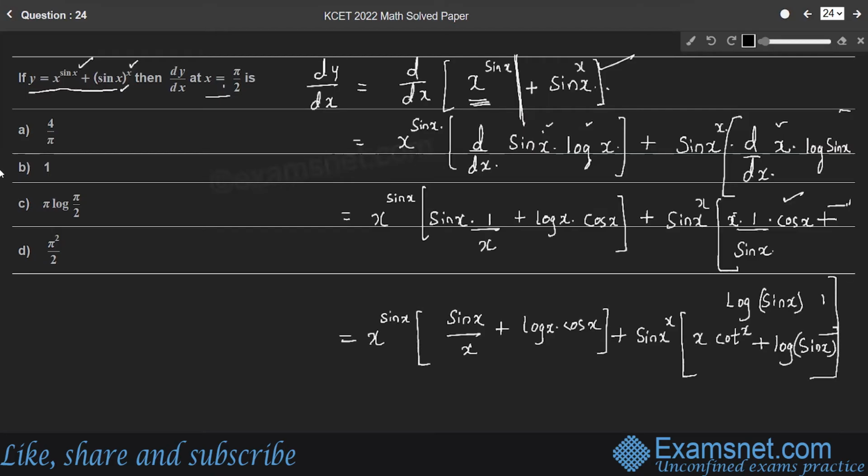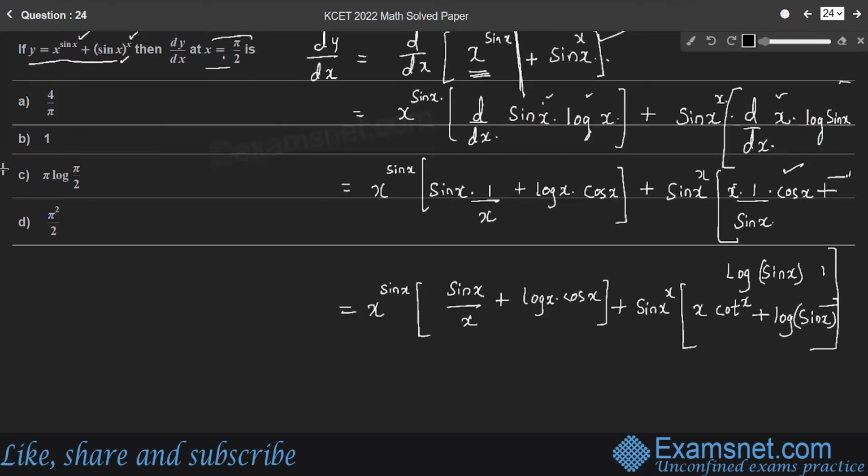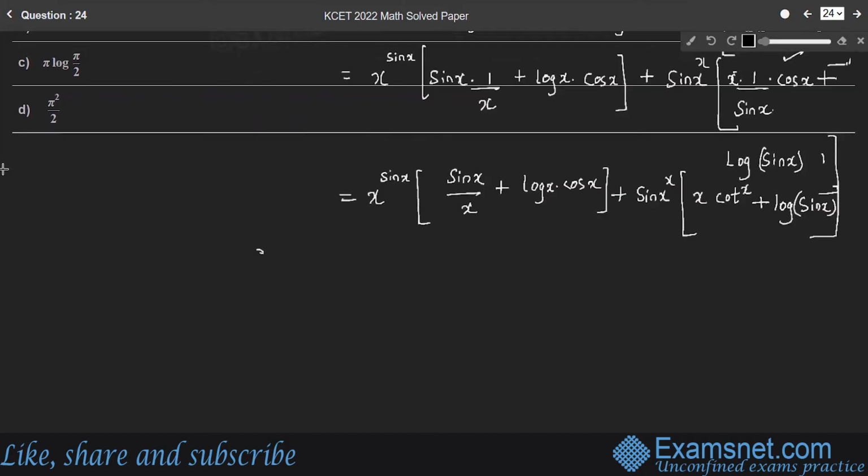Right? Now you can substitute the value of x. Here x is equal to pi by 2. Therefore dy by dx at x is equal to pi by 2 is equal to, in every place x is equal to pi by 2. Therefore, x raised to sine x becomes pi by 2 raised to sine pi by 2, which is 1, into sine x by x.